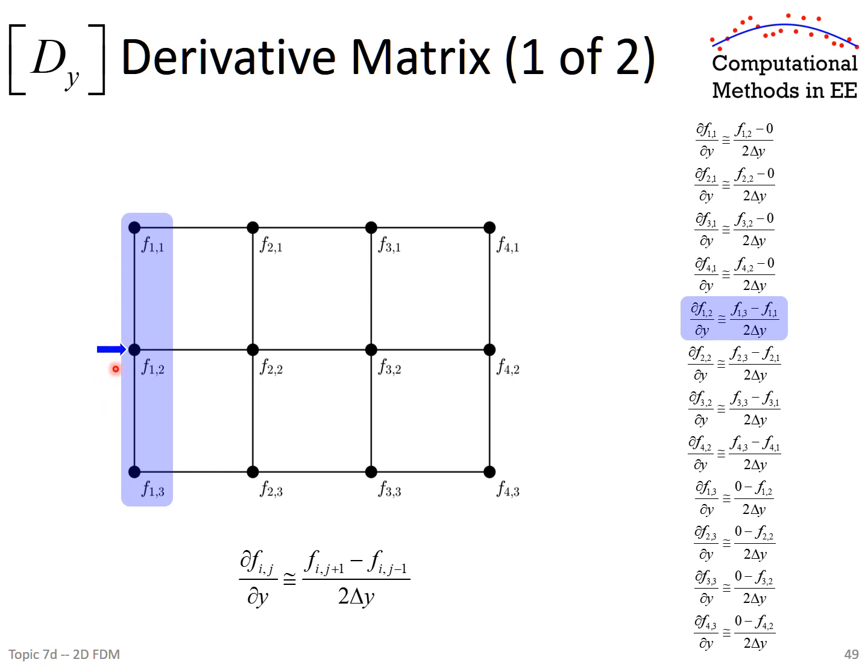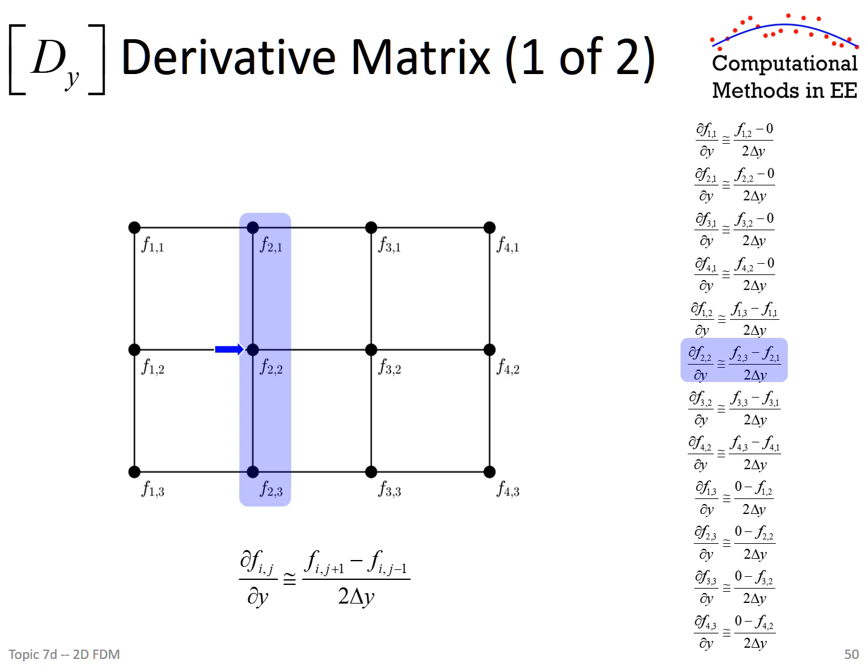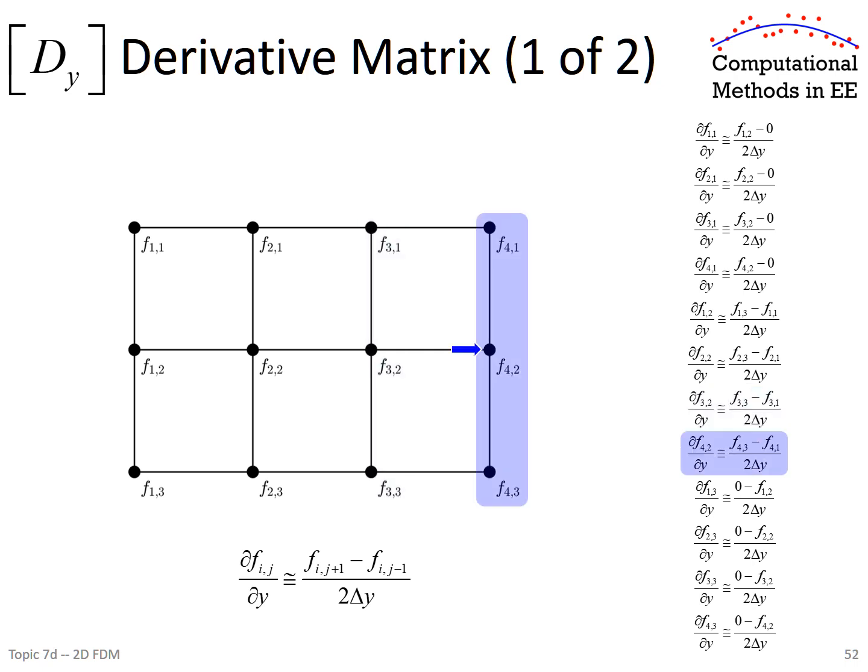And of course, that finite difference exists at the midpoint at F12. Move on to the next point, F23 minus F21 divided by 2 delta y because we're spanning 2 points. Finite difference equation for F32. Finite difference equation for F42.